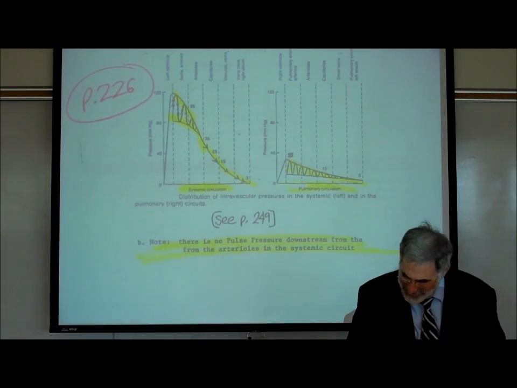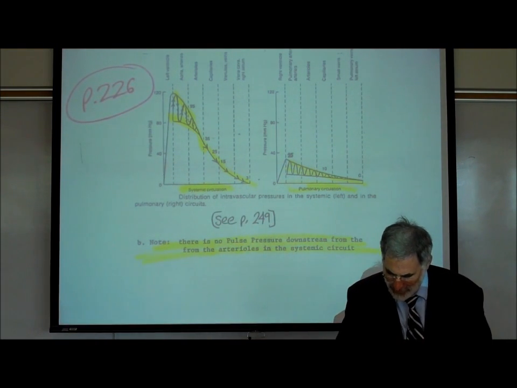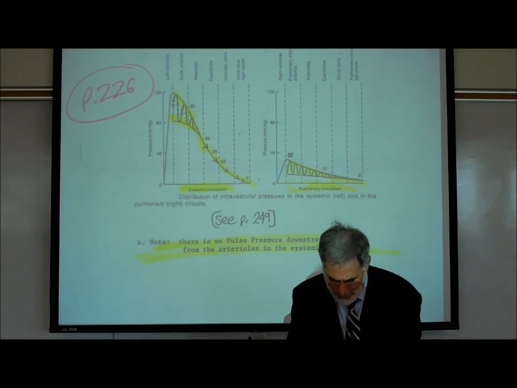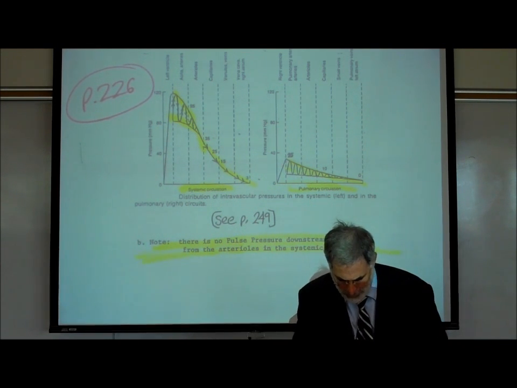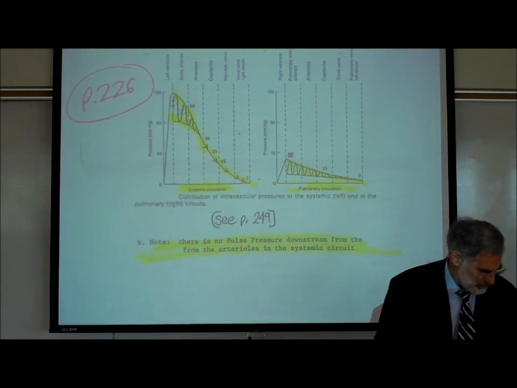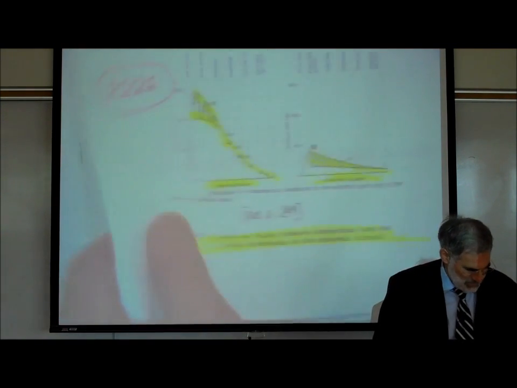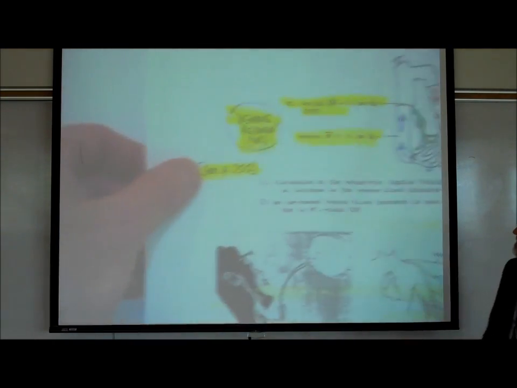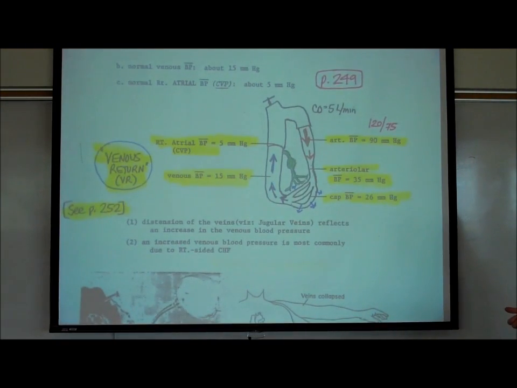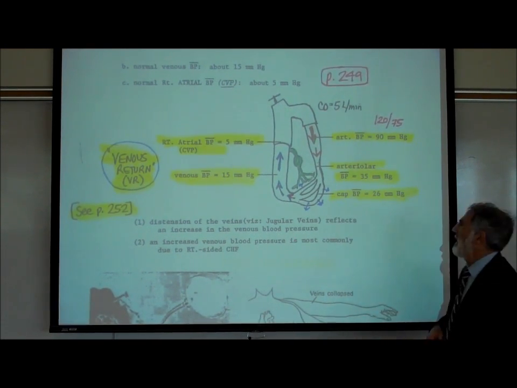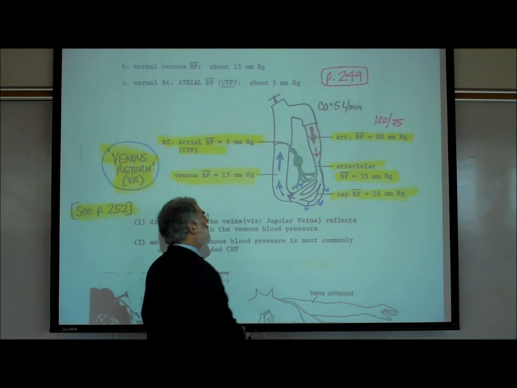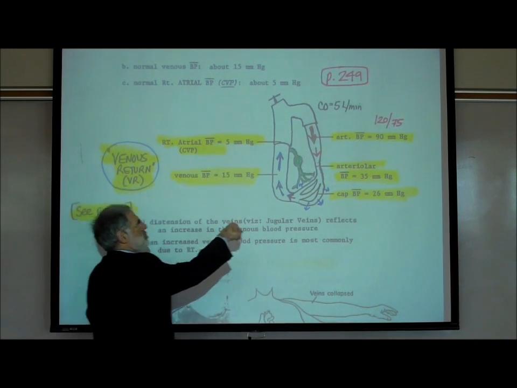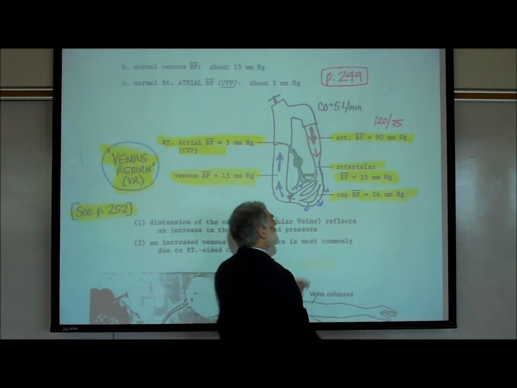Okay, we're going to jump ahead to page 249. We've already done page 249. I'm just going to remind you. So this page 249 was just a picture of my amazing water faucet garden hose model where it shows how the blood pressure drops.